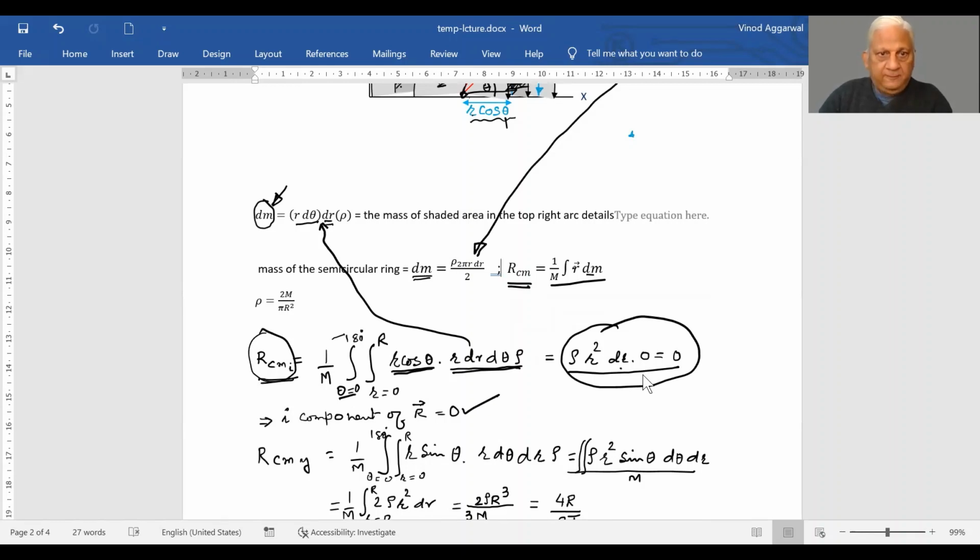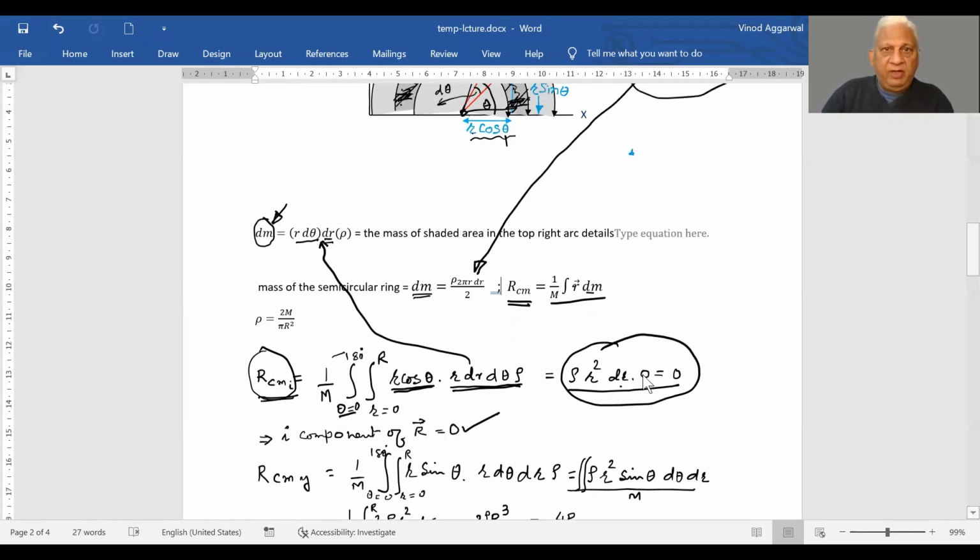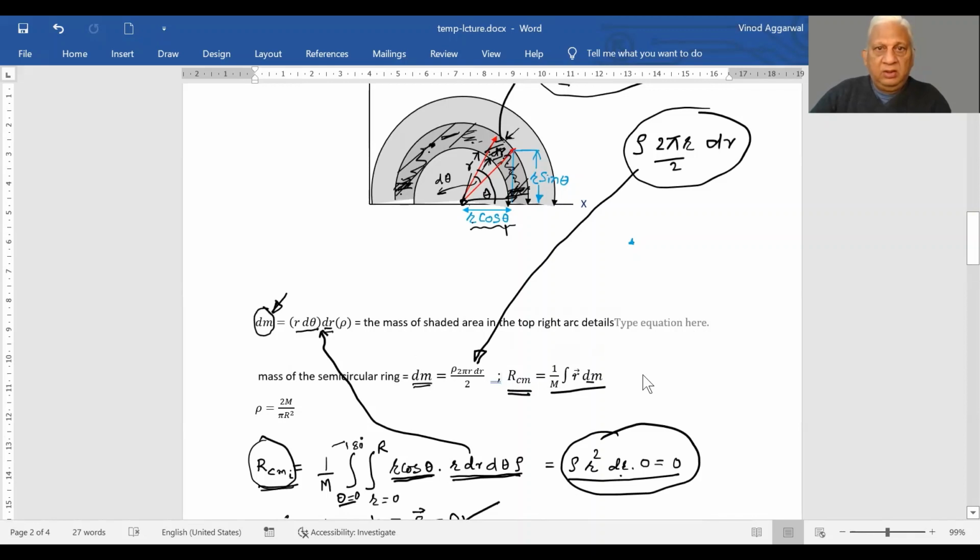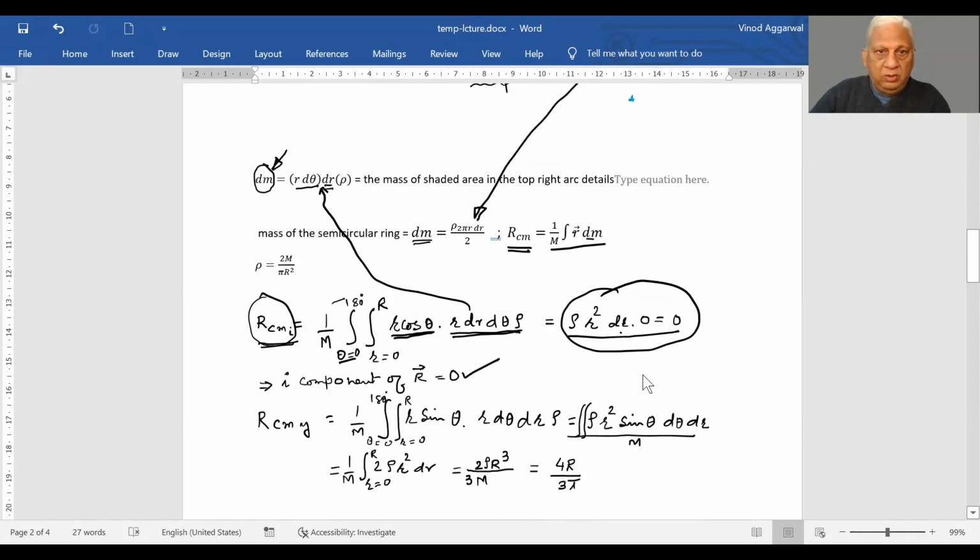Okay, all right. Let's take the y component. When we take the y component, the distance of this slice that we were talking about will become r sin theta, this much. So these equations remain the same except that r cos theta gets replaced by r sin theta.